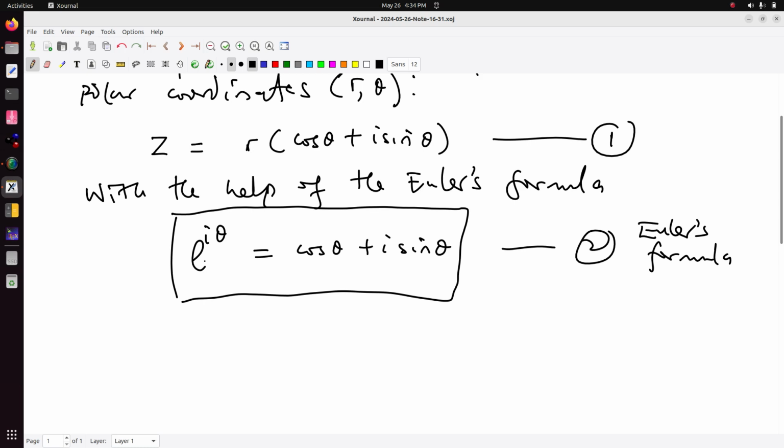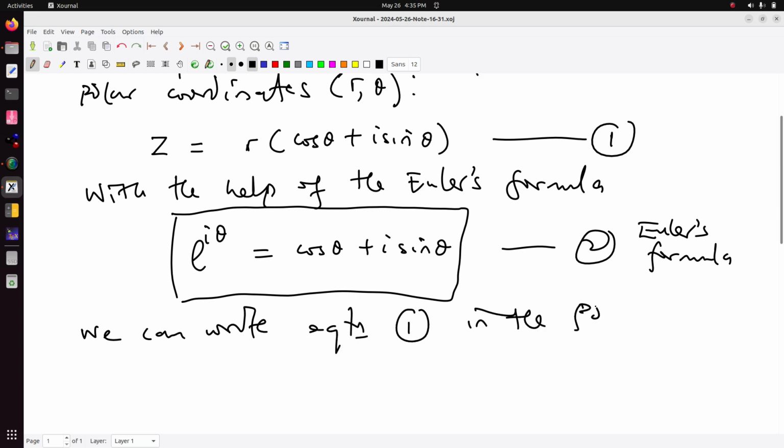So we can write equation 1 in the polar form. We wrote it as z equals r into bracket cos theta plus i sine theta.